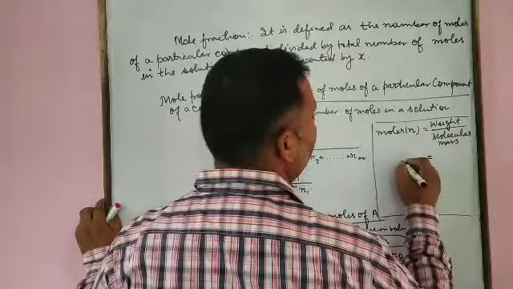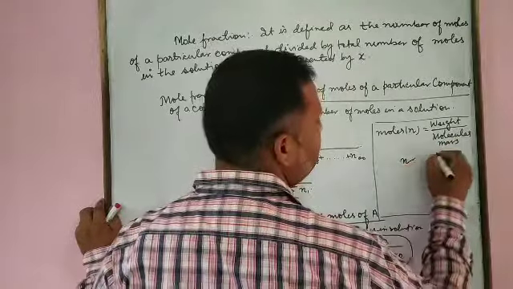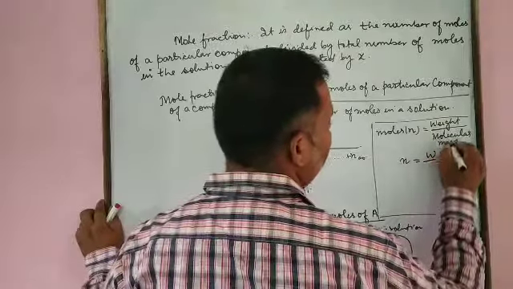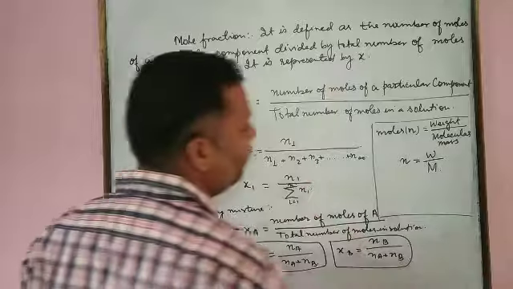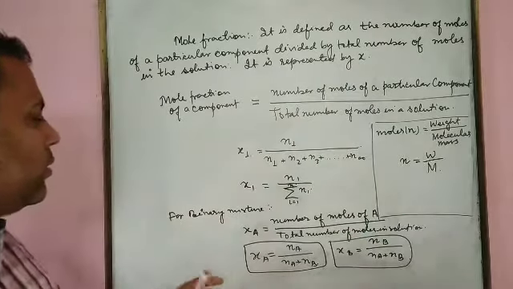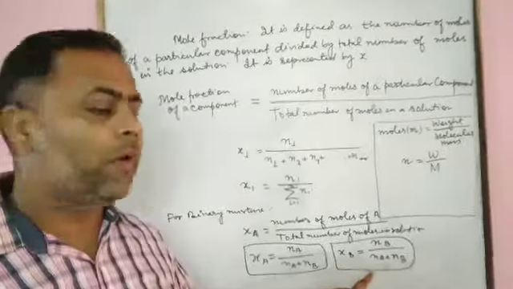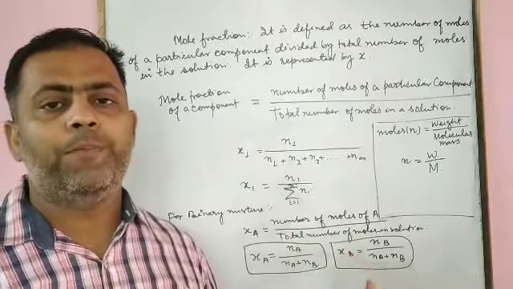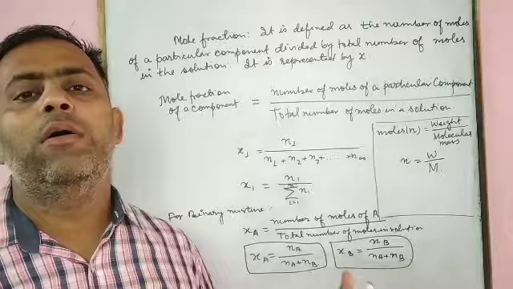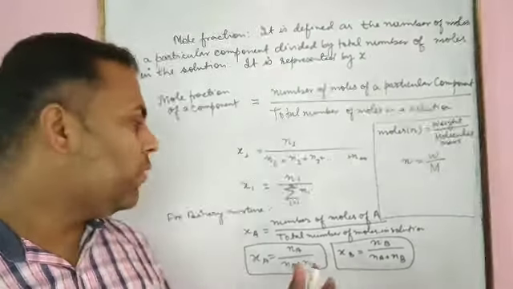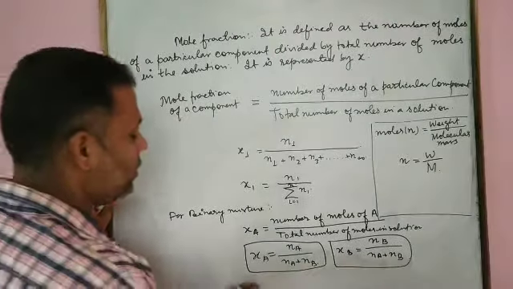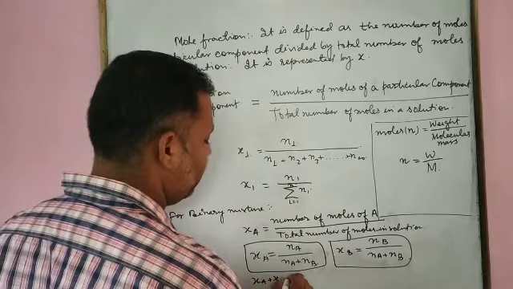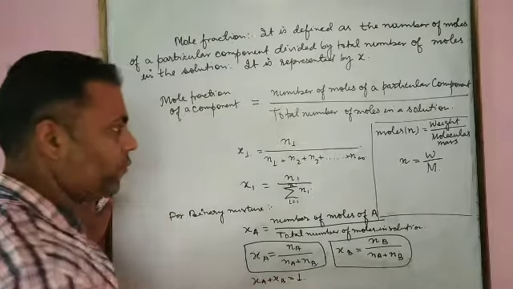It means the number of moles N is equal to W by capital M. Next, if we have two components, then when we add up the mole fractions of these two components, we get 1. It means XA plus XB equals 1.